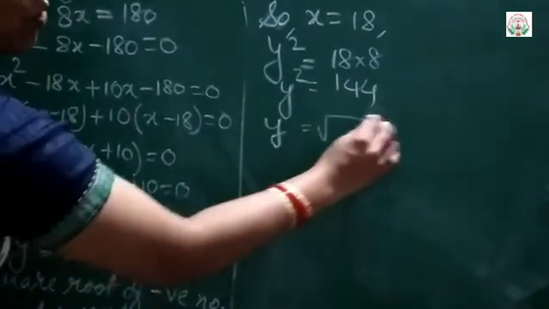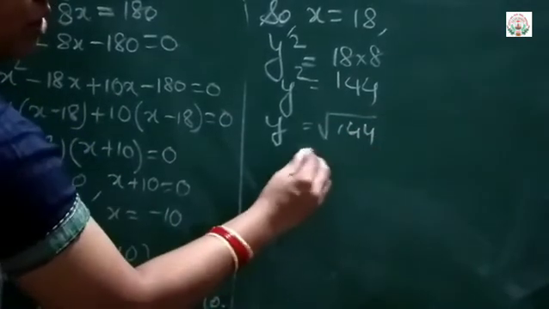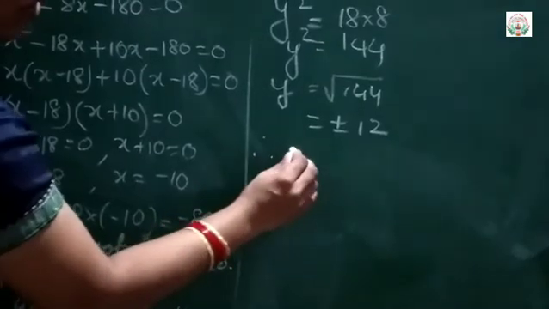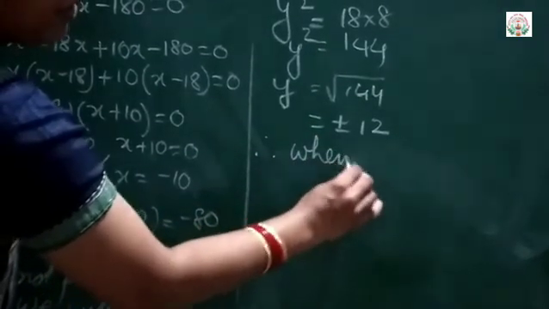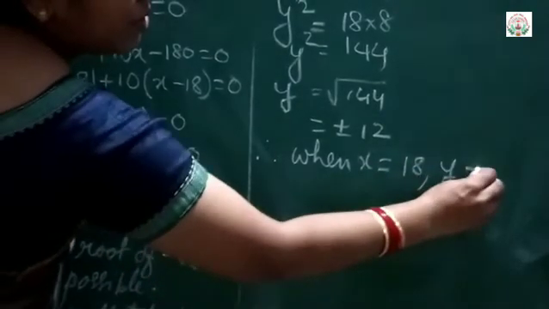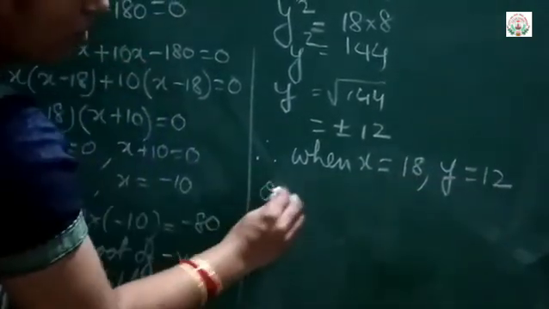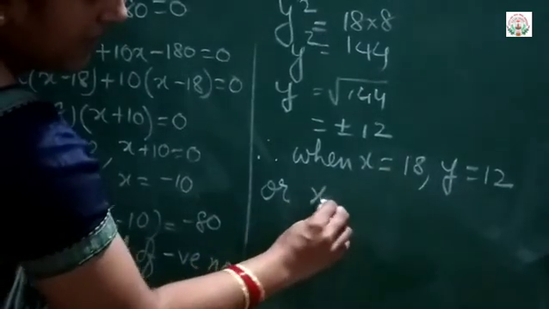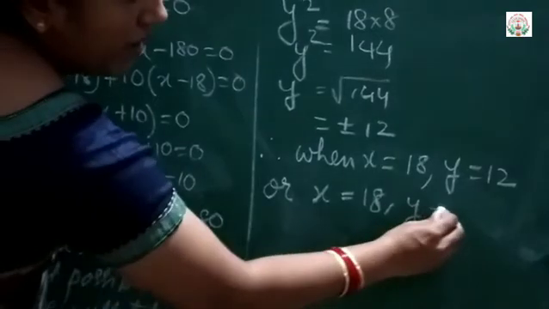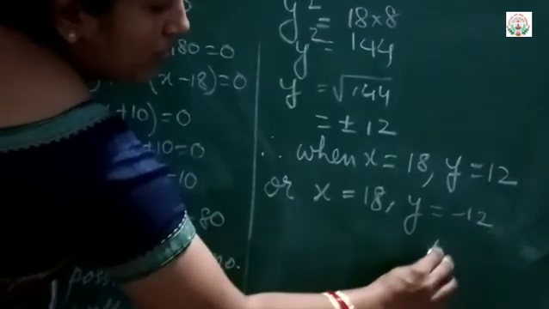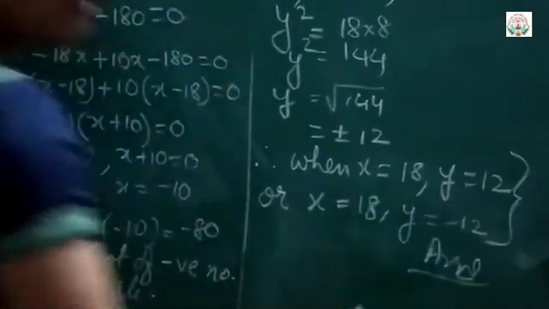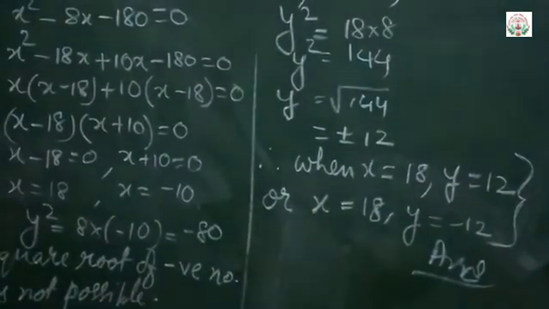So y will be square root of 144, which equals plus minus 12. Therefore, when x equals 18, y is 12 or y is minus 12. Answer. These two are answers. Okay.